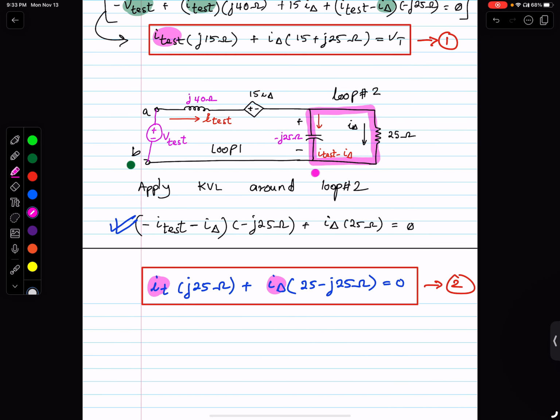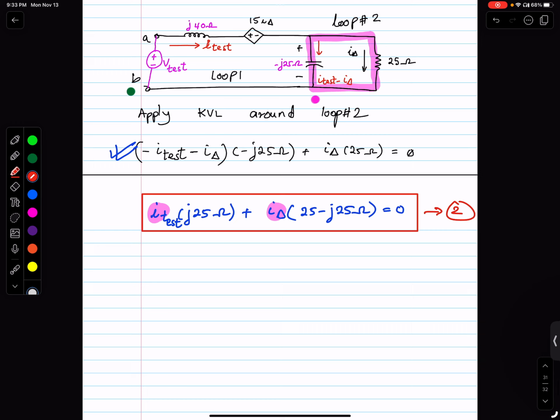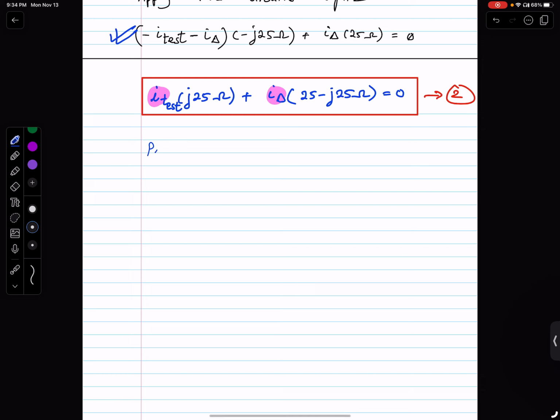So two unknowns, but let's not forget there's another unknown, V test. So we are going to simply substitute when we are solving using MATLAB: plug in V test equals 1 volt. Just use a value of V test equals 1 volt.